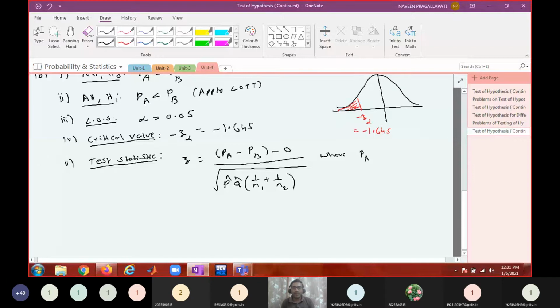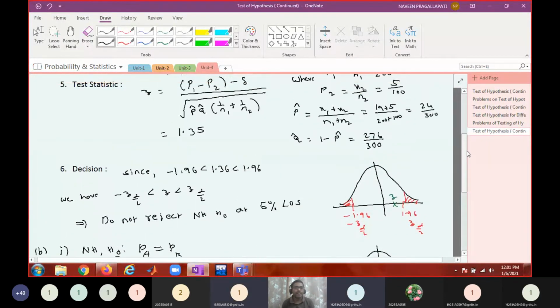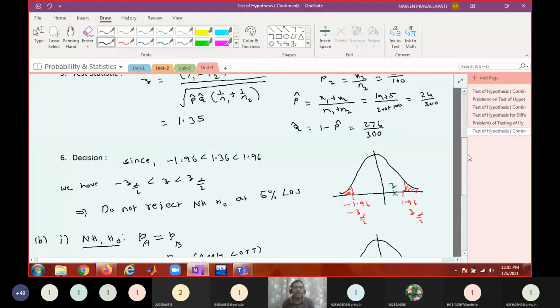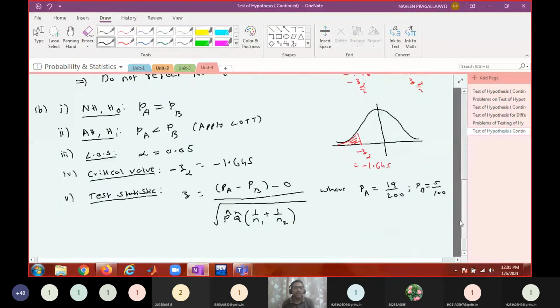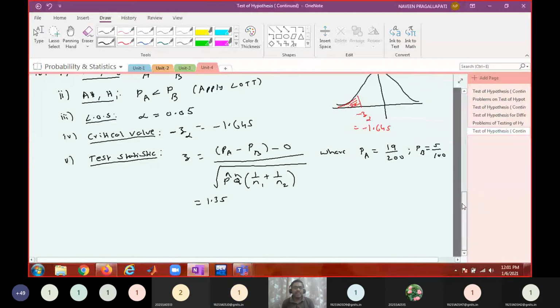PA is equal to 19 by 200. PB equal to 5 by 100. Pooling variance, all those things are the same. I think the test statistic value is going to be the same, no? It does not change. So what is that value? 1.35. Okay. So then is this 1.35 or minus 1.35?